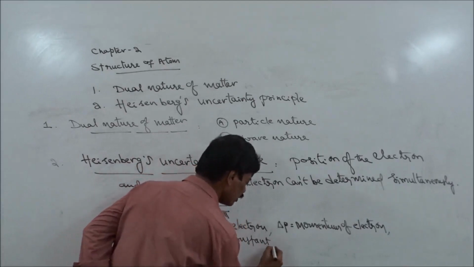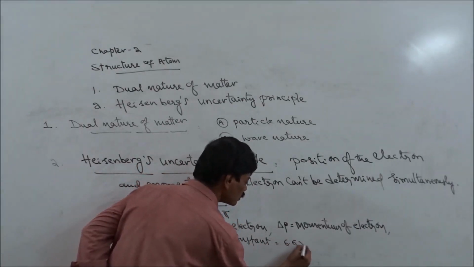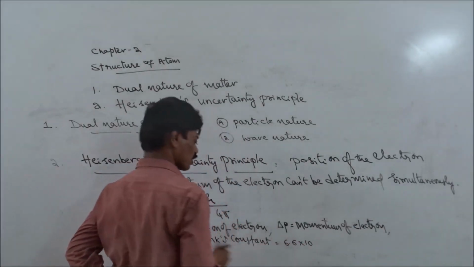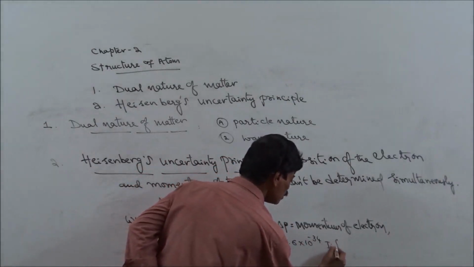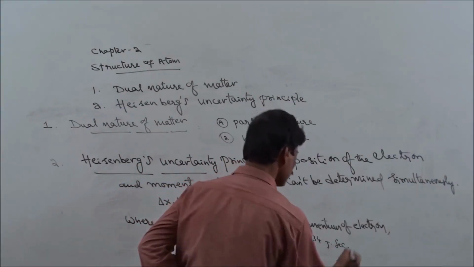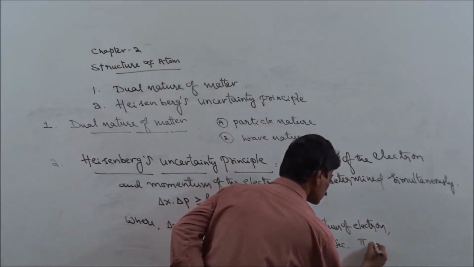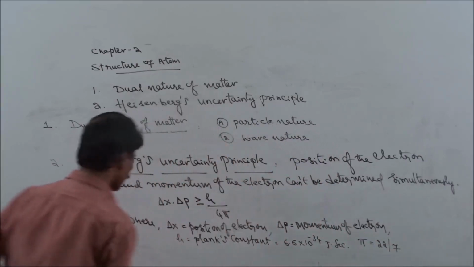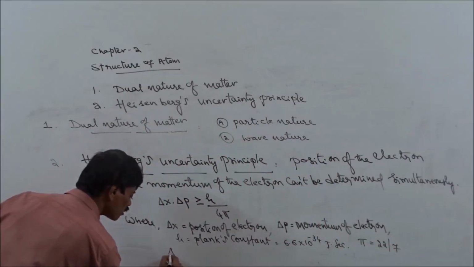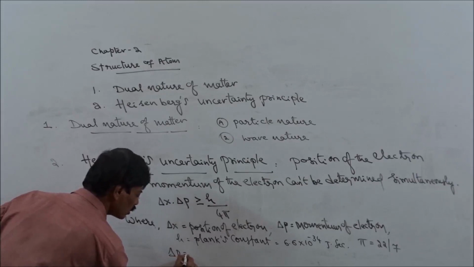Its value is equal to 6.6 into 10 raised to minus 34 joule second, and the pi value is known to us, that is 22 by 7.